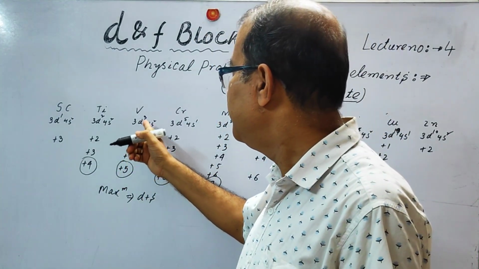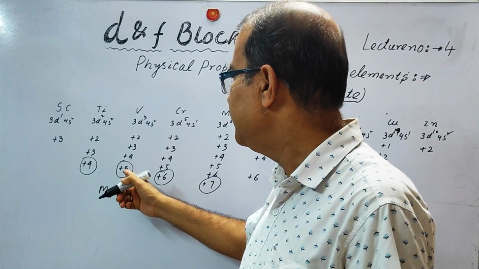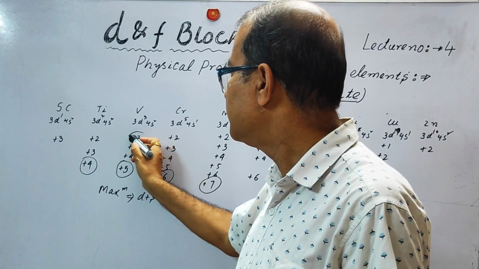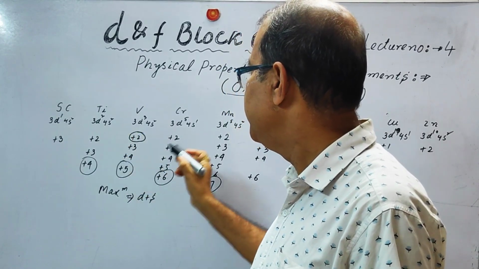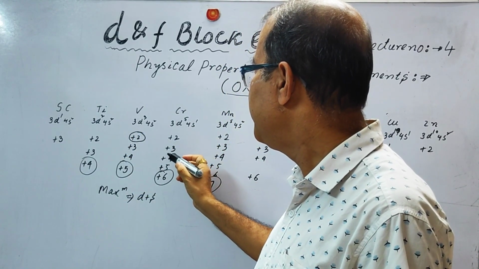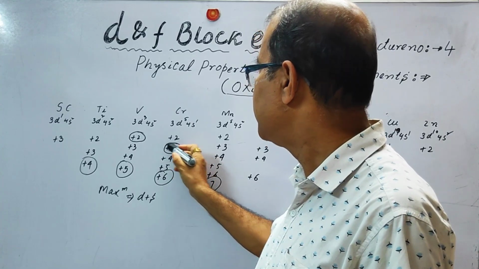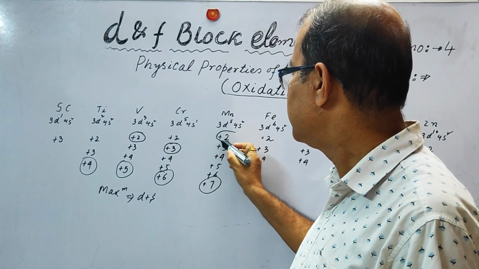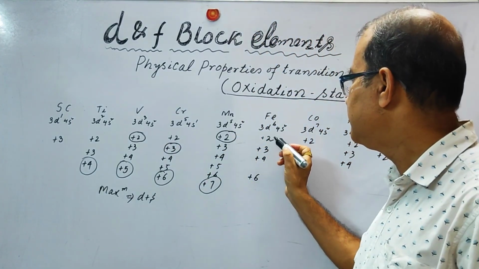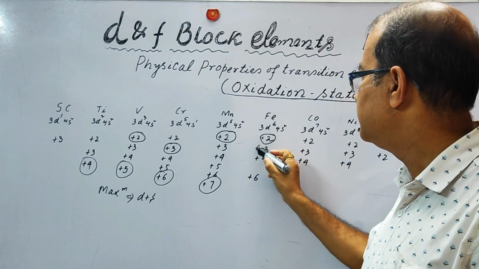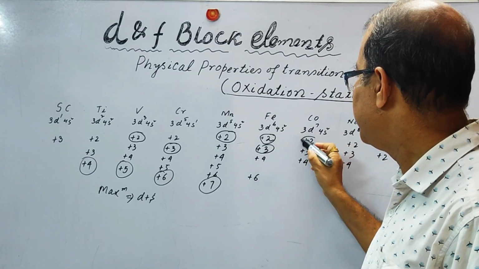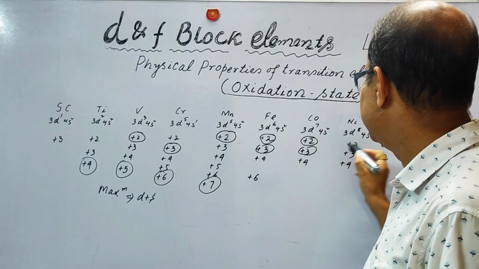In vanadium, +5 and +2 are stable. In chromium, +3 and +6. Manganese, +2 and +6. Iron, +2 and +3. Cobalt, +2 and +3.